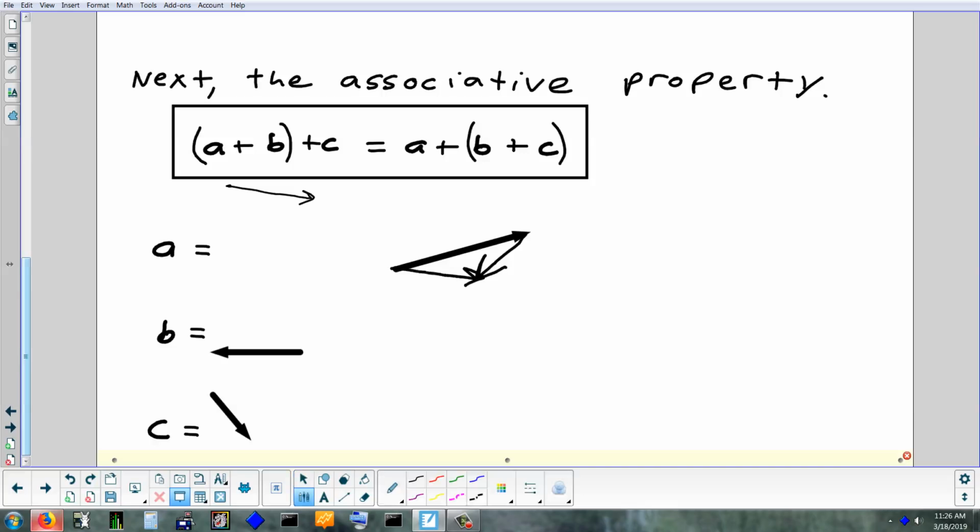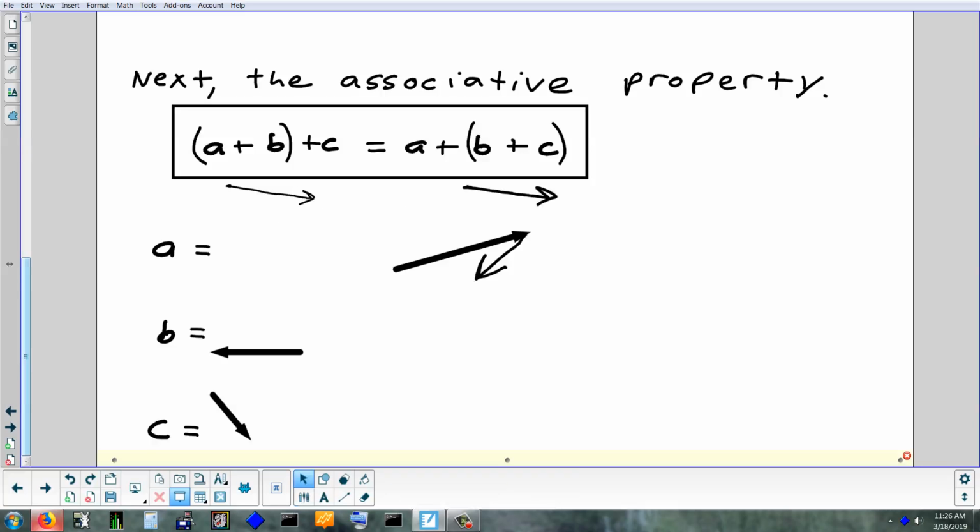Connect it. And let's see how close it came out. It's pretty good for just doing it by hand. So associative property, you can change the order you add things in. Sometimes I change the order and group things together that look easier to add first. Just depends on the problem.